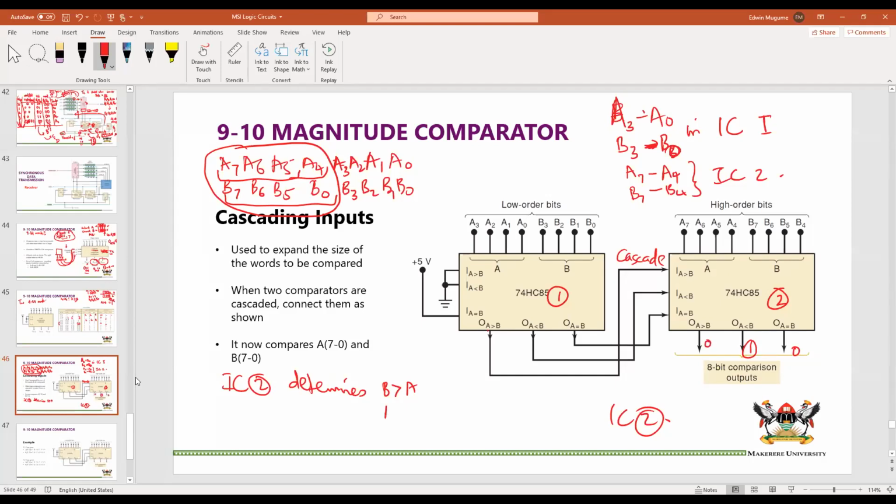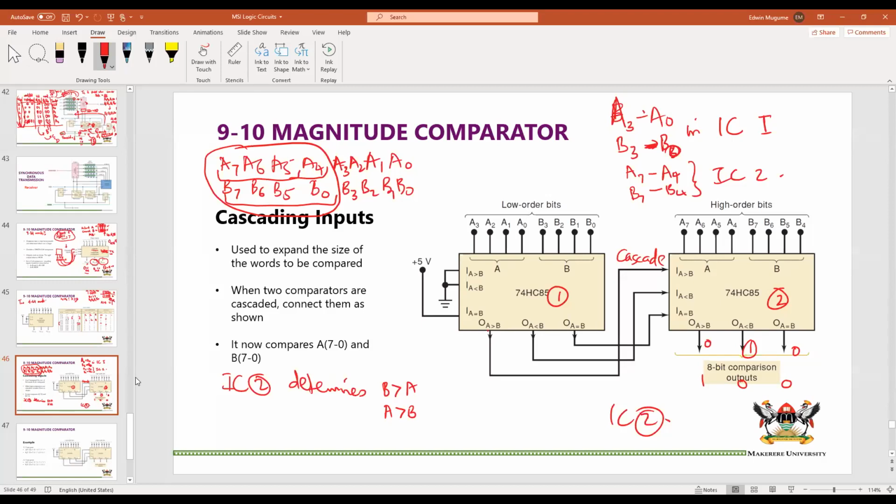But if it determines that A is greater than B, it will generate a 1, a 0, and a 0. It doesn't matter what is on the IC1, because IC1 are lower order bits. Whatever they are, they cannot change the outcome.